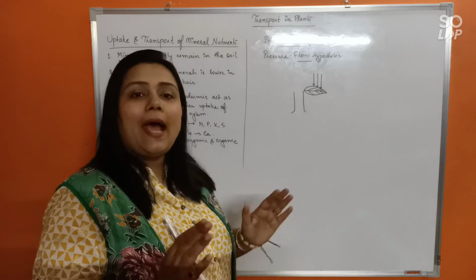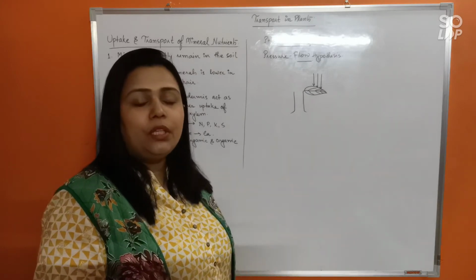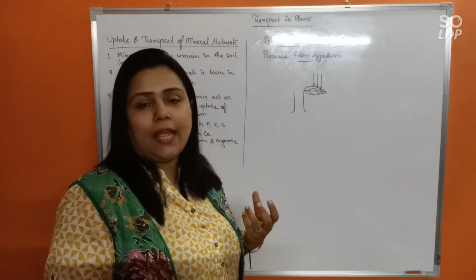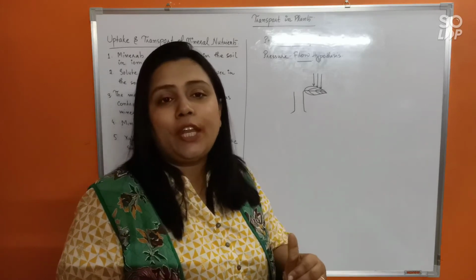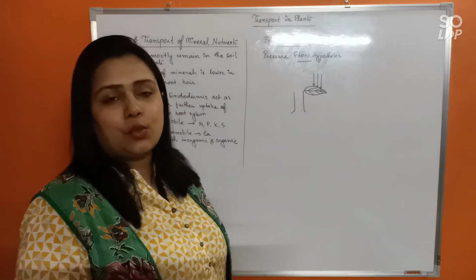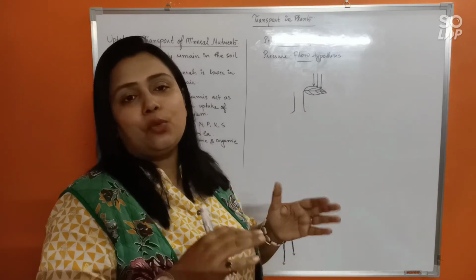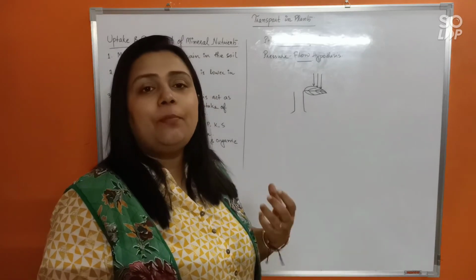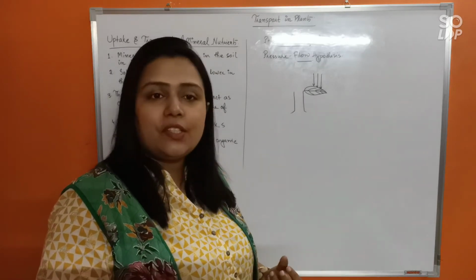Right? So as organic solute is formed, see, whenever water enters any kind of entrapped space, what will happen? By now you should be able to answer this question. A positive pressure will be built up, isn't it?